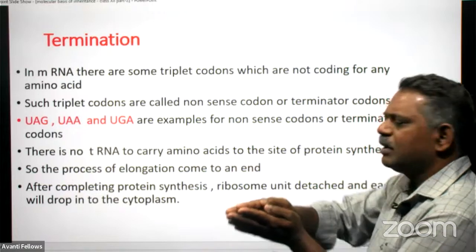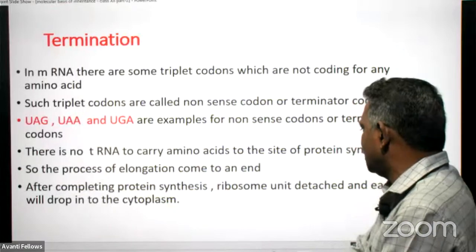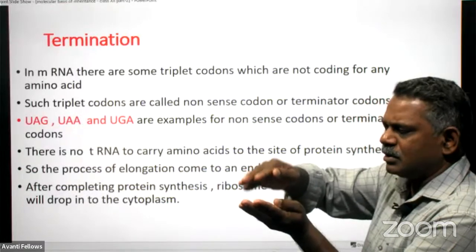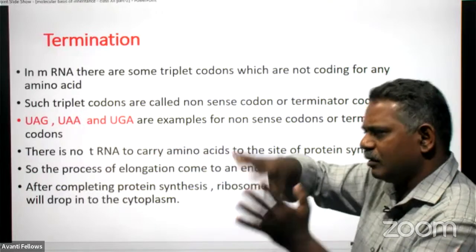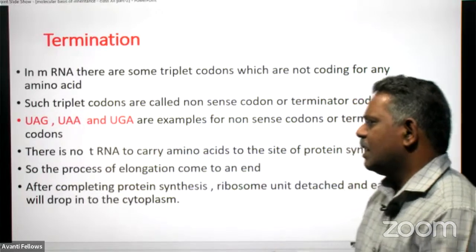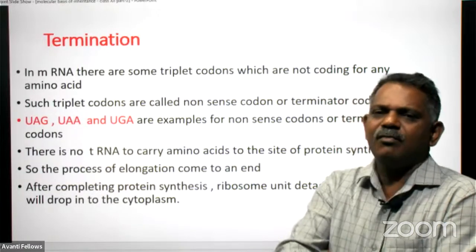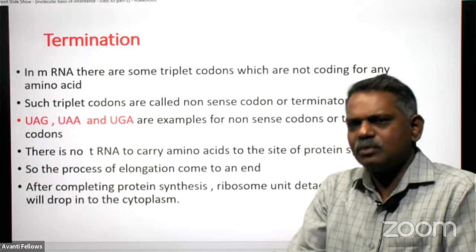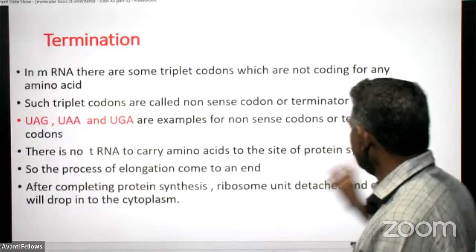So what happens after terminating translation? These two subunits, large and small, detach and drop into the cytoplasm. In the cytoplasm, they go for rejoining, and can go for protein synthesis later, right?